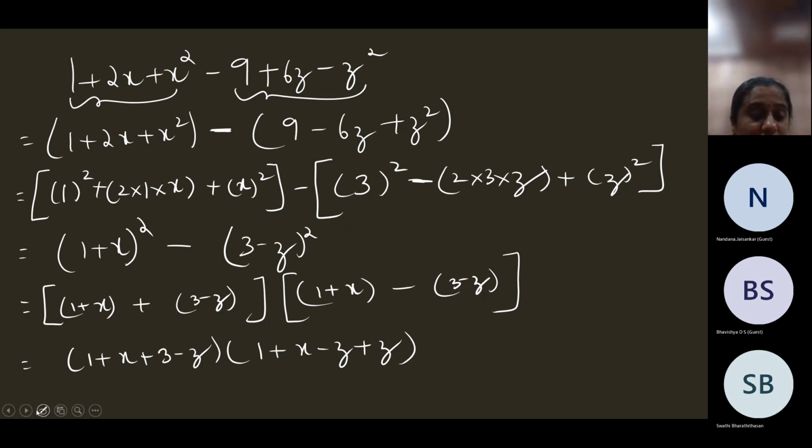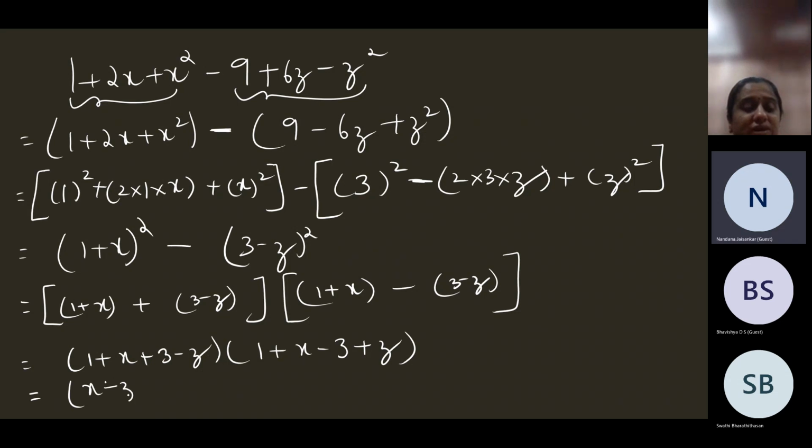One minute. I wrote 3 as Z. 1 plus x minus 3 plus Z. So now you can simplify. There are numbers, no? So in the next step, you can write x plus x, plus minus Z, and minus plus Z cancels.